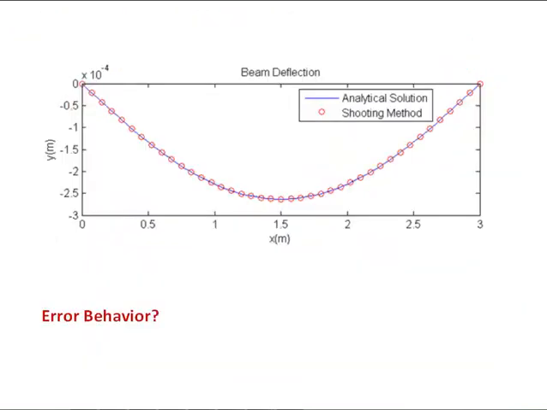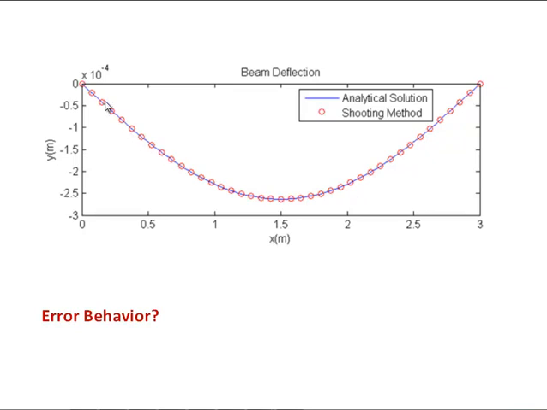Looking at this plot, and you can download and run the code and look quantitatively, you'll see it's very accurate compared to the analytical solution. Our shooting method solution is pretty much right on top of it. Those are the red circles in the graph.